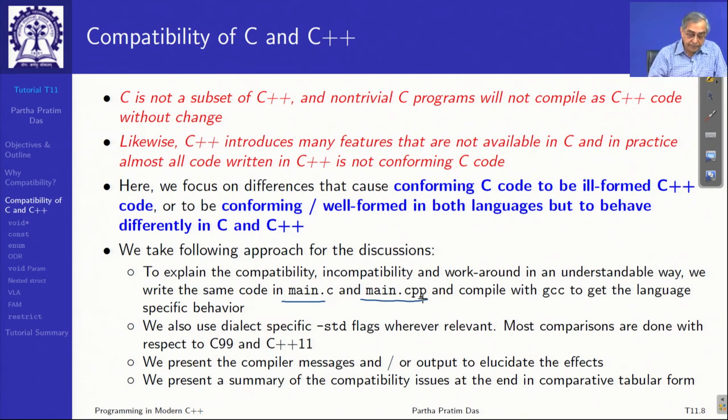We will use the same GCC compiler, and we will use the -std flag if we want a particular dialect, and see the difference in the compile-time behavior, in the runtime behavior and so on. Obviously you can read up the standard and the book and know the differences, but I prefer to do it in this hands-on way, because then we do not need to remember.